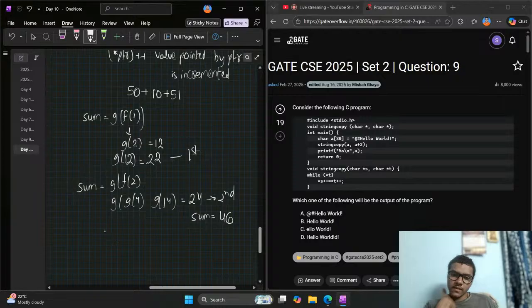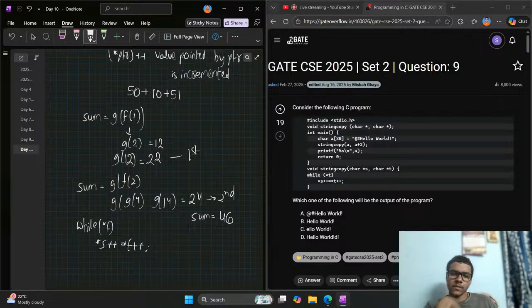While T exists, pointer S plus plus is equal to pointer T plus plus. So string copy A is pointing to at the rate of, and A plus 2 is pointing to H was called. For this one, I think we can solve this.